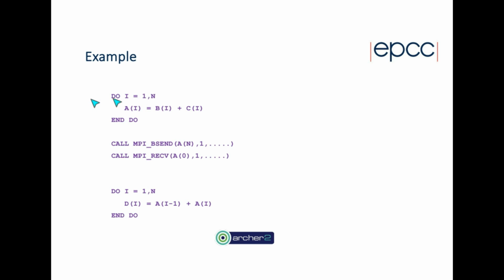The first loop here computes values of A. Then each process is going to send A(N) to its neighbor and receive one word into A(0). Then we do something with the rest of A, and compute with A again.